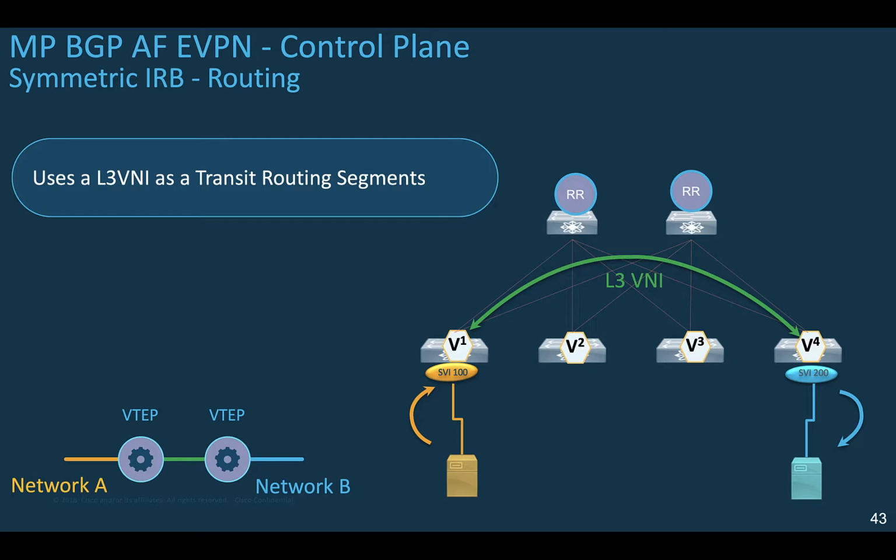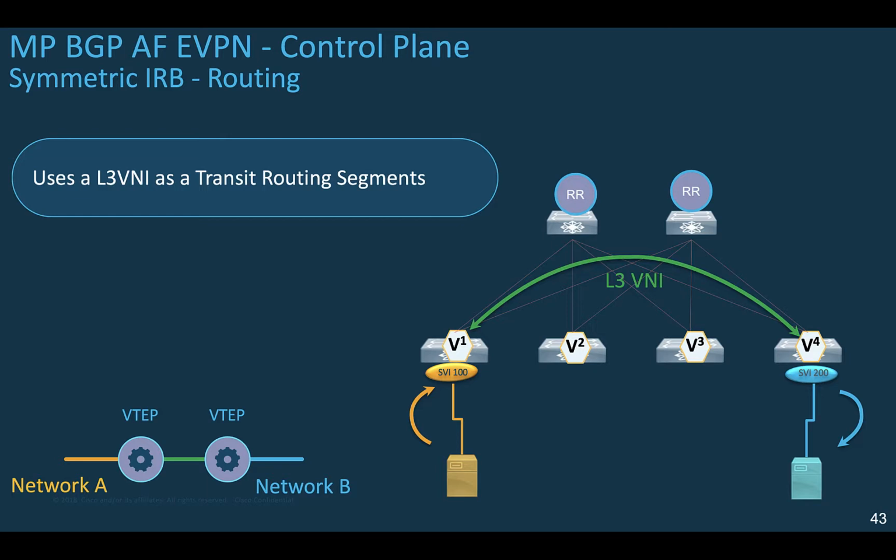After the egress VTEP receives the encapsulated VXLAN packet, it first de-encapsulates the packet by removing the VXLAN header. Then it looks at the inner packet header, performs a layer 3 lookup, and sends it to the destined endpoint, right?